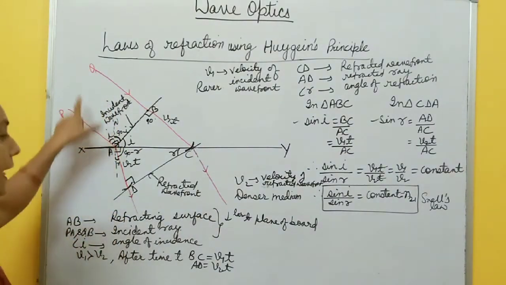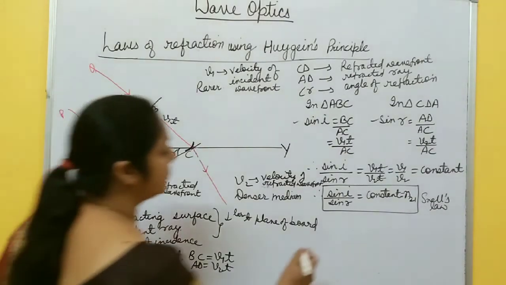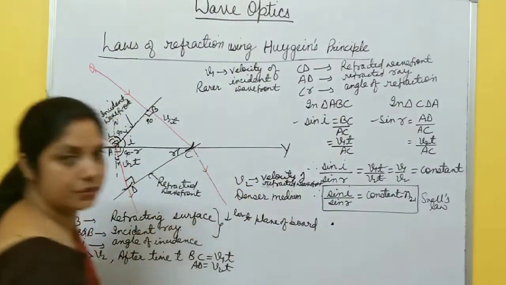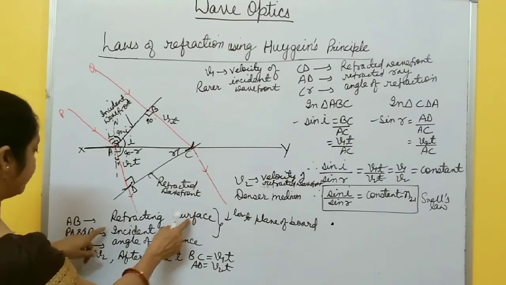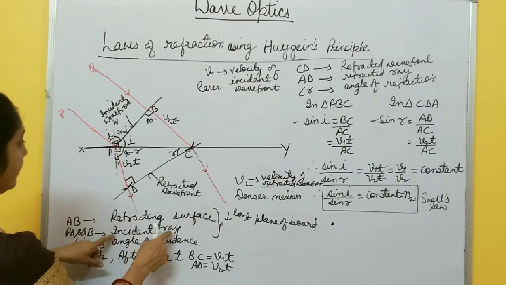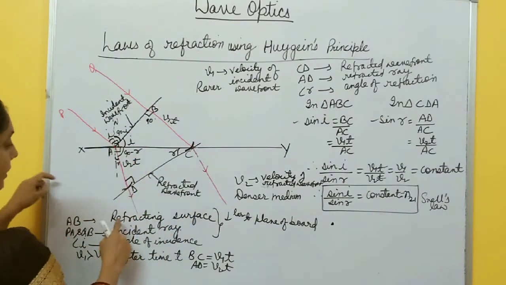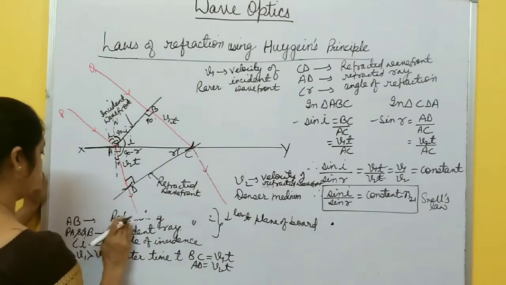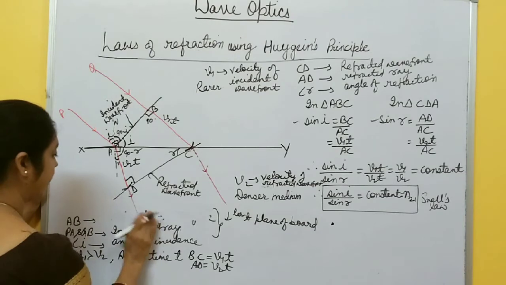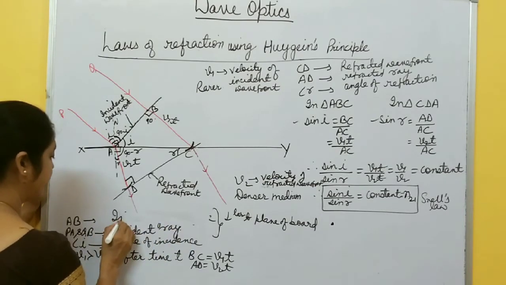Again, with the help of geometry, theoretically you can prove the second law of refraction also. Sorry, here I am writing AB is the incident wavefront, I was writing wrong.